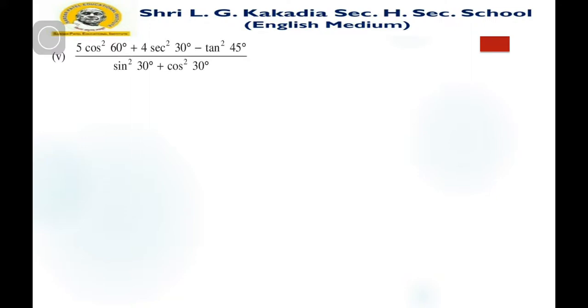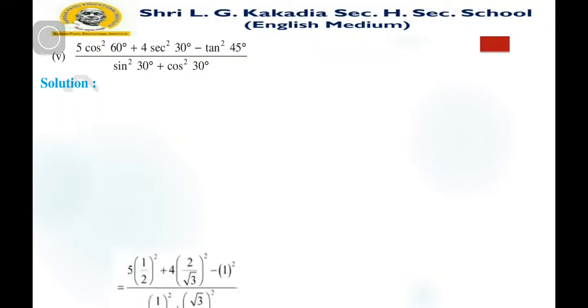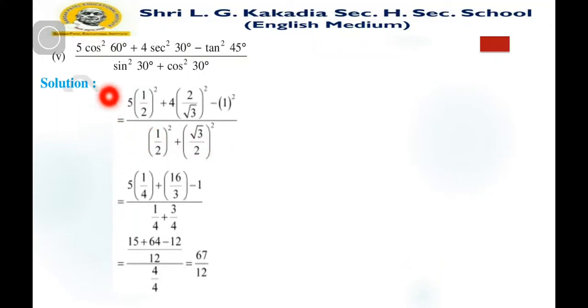One more question: 5 cos square 60 plus 4 sec square 30 minus tan square 45 upon sin square 30 plus cos square 30. Here 5 cos square 60, cos 60 is 1 over 2 its square, plus 4 sec square 30, sec 30 is 2 over square root 3 and its square, minus tan 45 is 1 square, over sin 30 is half its square plus cos 30, that is square root 3 over 2 square.